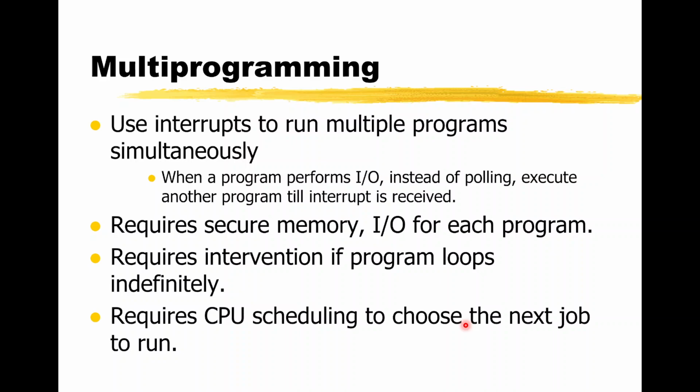When you receive an interrupt, you come back to this one. So the CPU, instead of waiting for a process to finish its execution, then do I/O and finish everything before another program is taken, goes ahead to run another program while it is doing I/O.